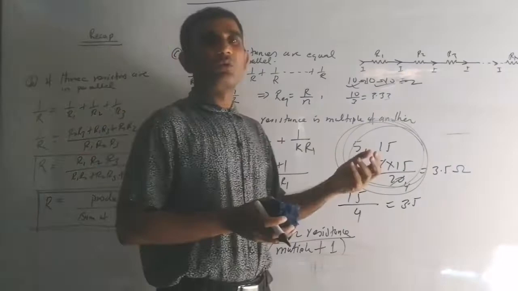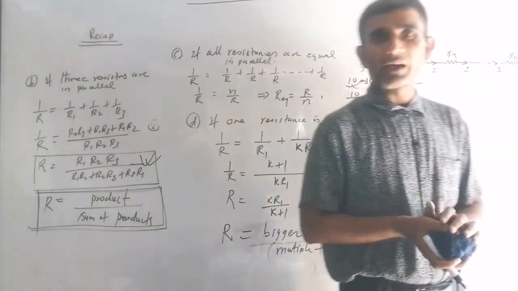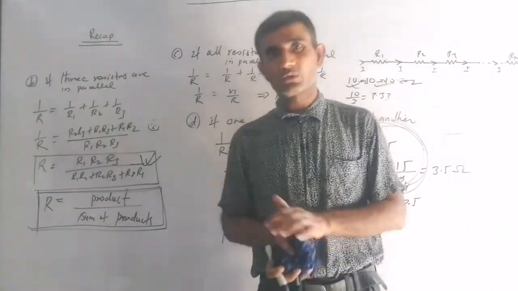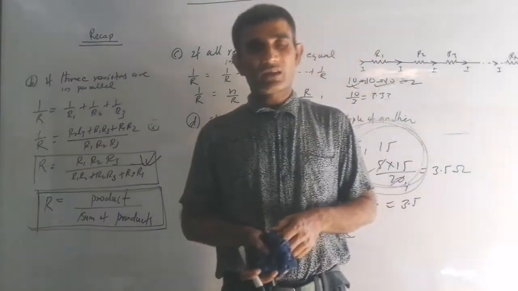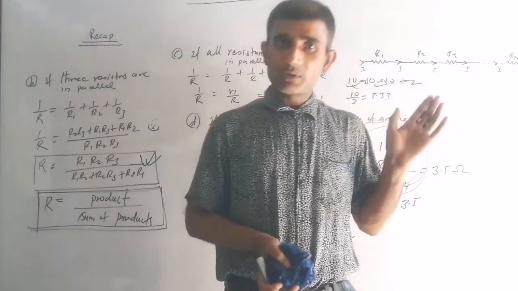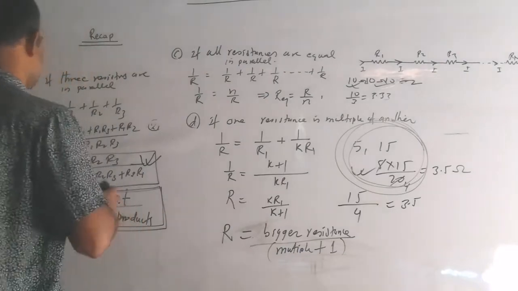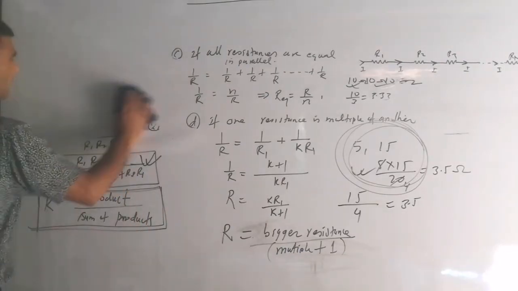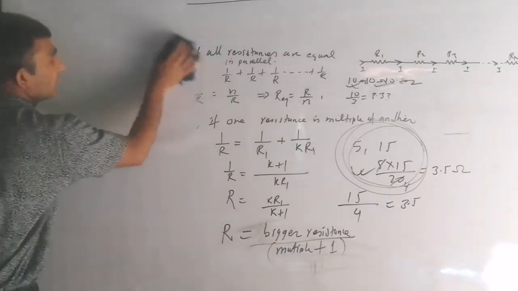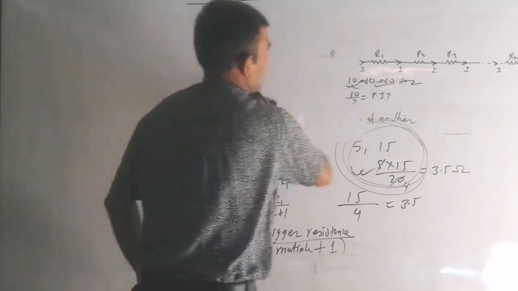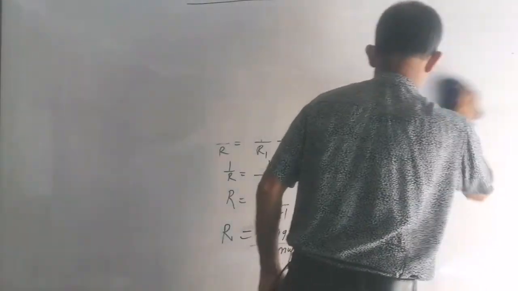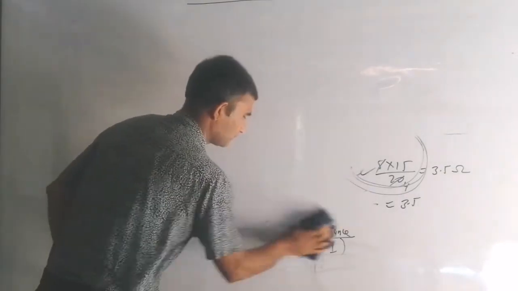And the most powerful one is the conversion of T to pi and pi to T. That also we are going to use to solve equivalent resistance problems. So keep watching. Next I am going to revise some more simple questions, and then we will go to more and more complex ones. Okay?